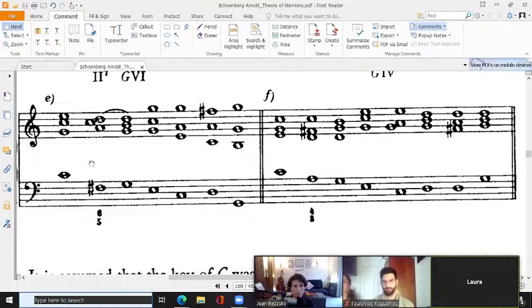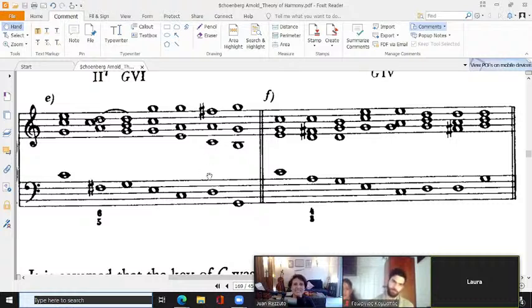dominant of the new key. Yeah, 5. 5 equals 1, G major. And then 1 equals 4. Yes. And then 6 equals 2, with a lovely 7th that is prepared from the other chord that descends perfectly well, just saying.